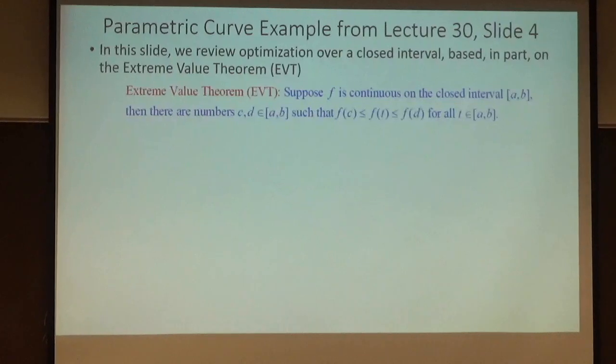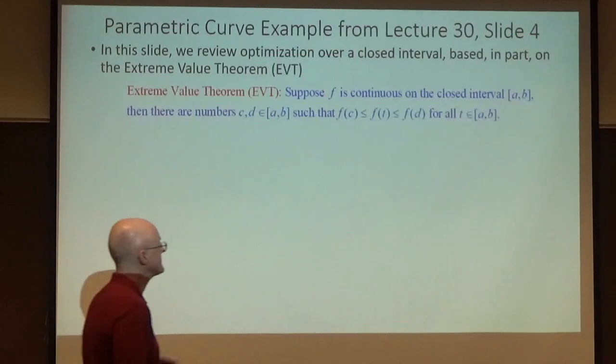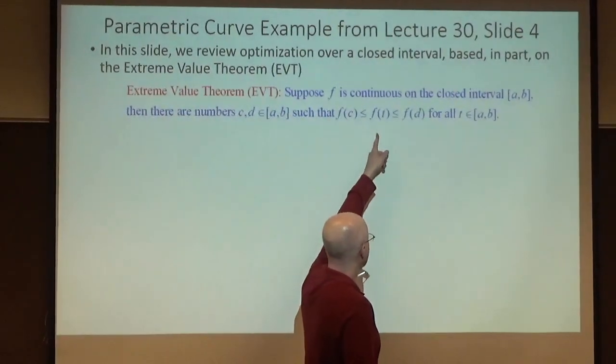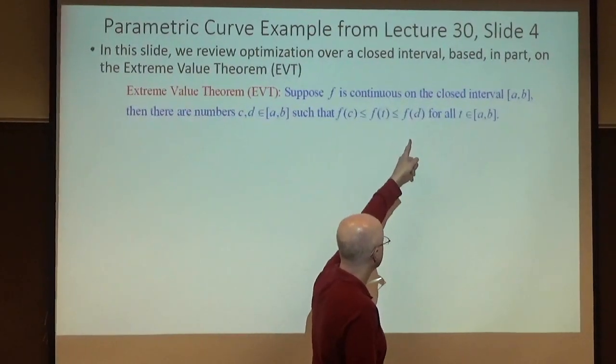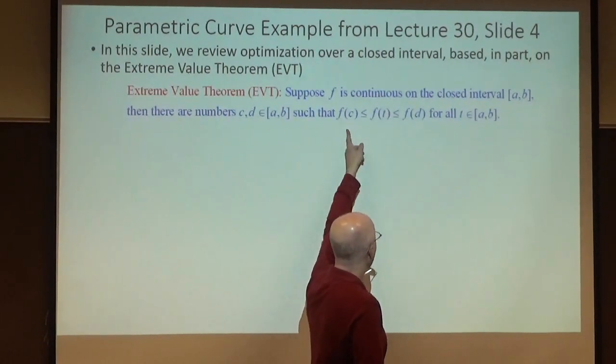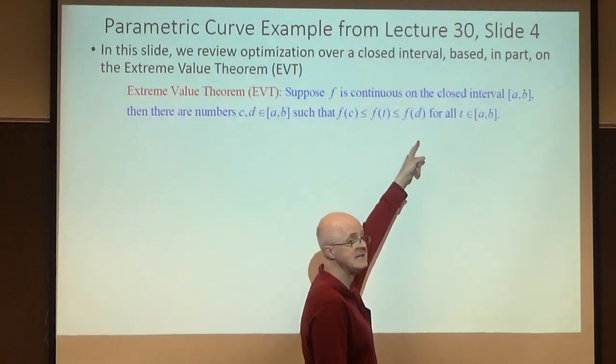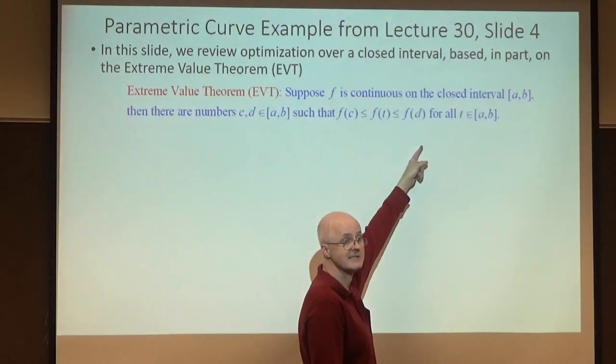If f is continuous on a closed interval from a to b, nothing about differentiability there, just continuity, then there are numbers c and d in the interval where f of c is always less than or equal to f of t, is always less than or equal to f of d for all t in the interval. In other words, f of c is the global min value of the function, and f of d is the global max value. Emphasis on the word global.